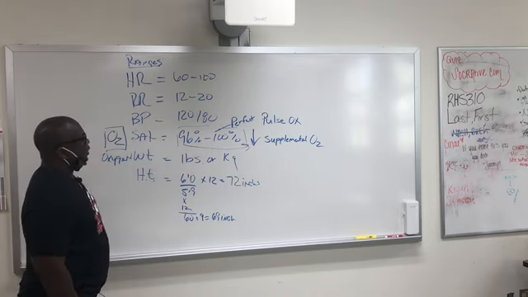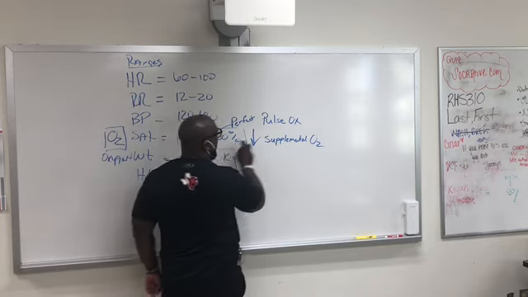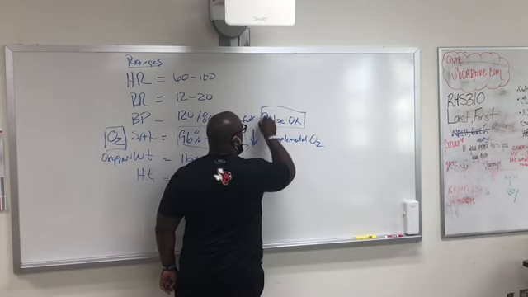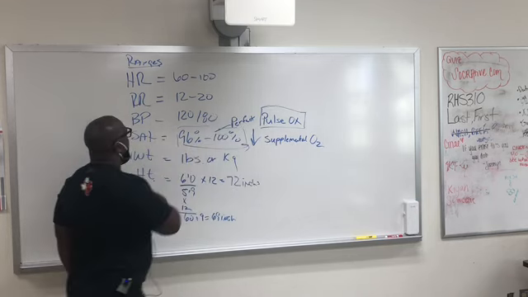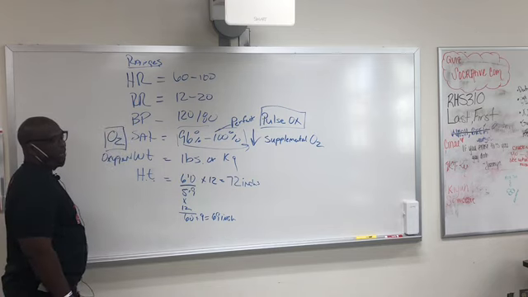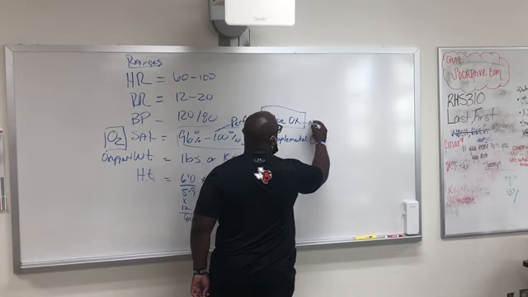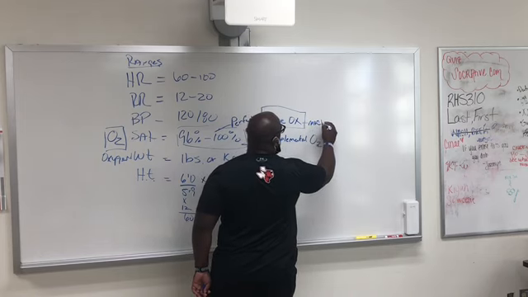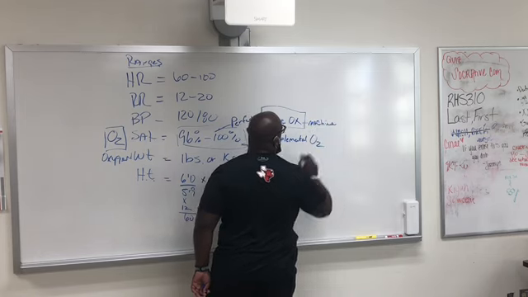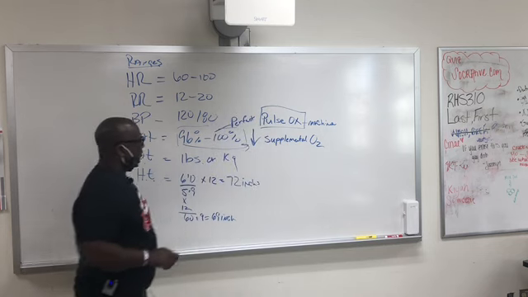You will measure this with a pulse ox. O2 saturation is measured with a pulse ox machine, a little device that goes on your finger. I'll bring one next week.